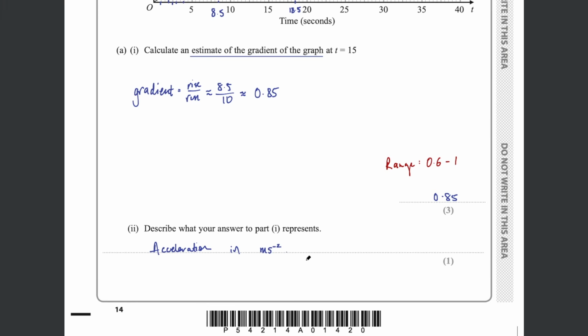You could also say instantaneous rate of change of speed. Okay, either of those is fine, but if you just write acceleration, you'll get that 1 mark.